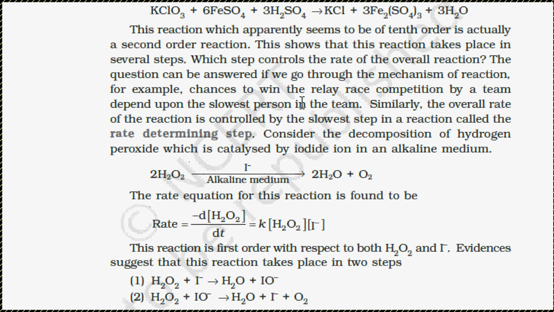Similarly, the overall rate of reaction is controlled by the slowest step in a reaction, called the rate determining step. So, if you have more than one step in a reaction, then the slowest step determines the rate of the reaction. Remember.